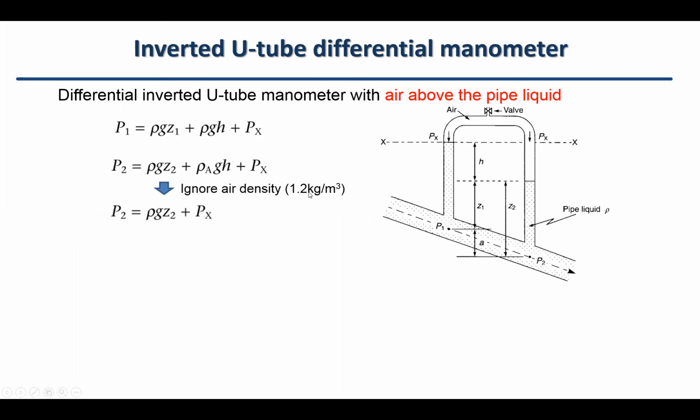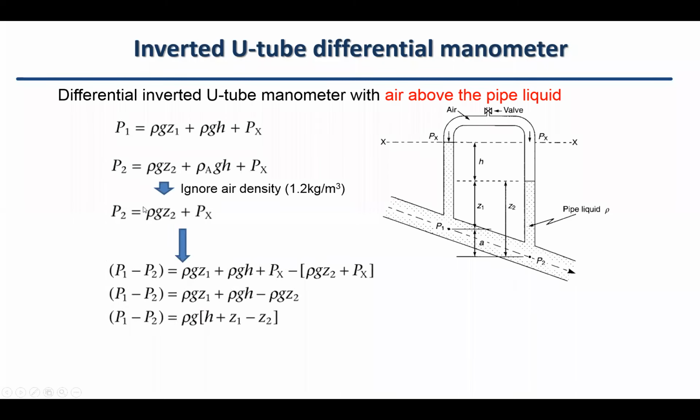Compare that with the density of oil and water, which is at least 800 and 1,000. So it is 600 to 700 times smaller, so you can easily ignore it, and it's not a bad estimation. So you can remove the second term, and for the right limb we write P2 is equal to rho g Z2 plus Px.